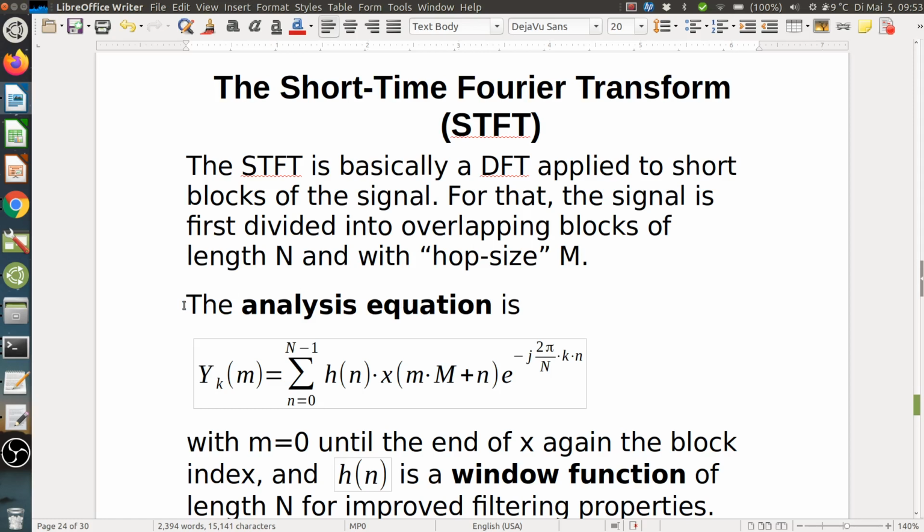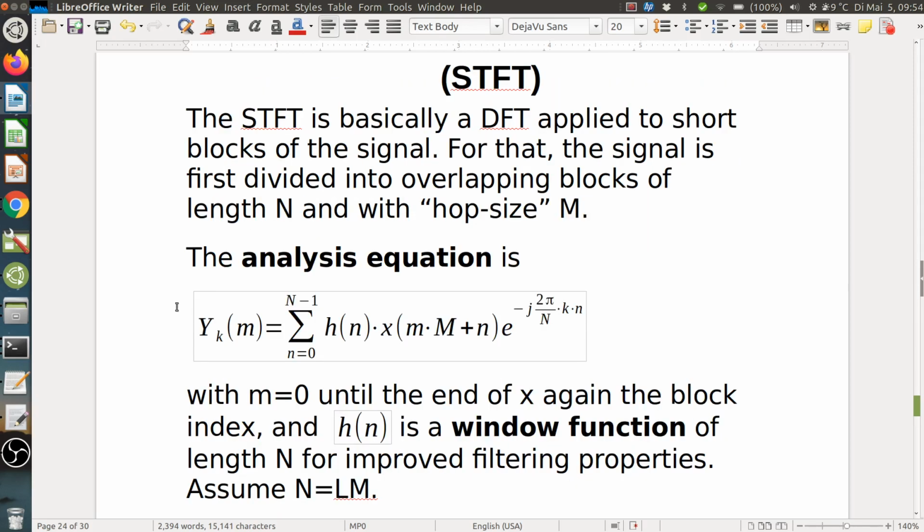So here we can see the analysis function, and you can see this is basically the DFT kernel, e to the minus j 2 pi over N k times n. So this looks basically like the DFT. But here we now have the signal with a time index m.